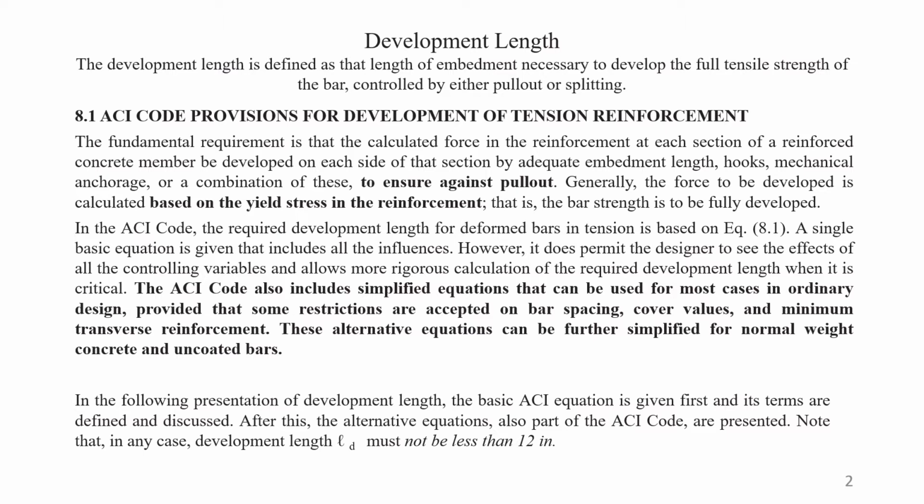Today we will discuss another new topic, and that is development length. In concrete RCC, we have two materials: one is steel reinforcement, another is concrete. These are two different natures of material, and together they perform some activities.